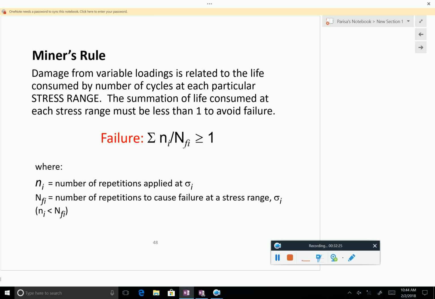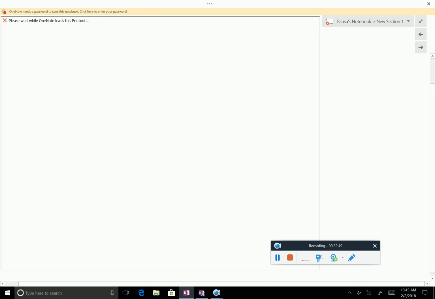The way to do it is you look at the number of repetitions at each stress level and divide it by the fatigue life at that stress level, and make sure that the summation is less than 1. If it is more than 1, you have failure. Let me show you in an example, it would be easier.